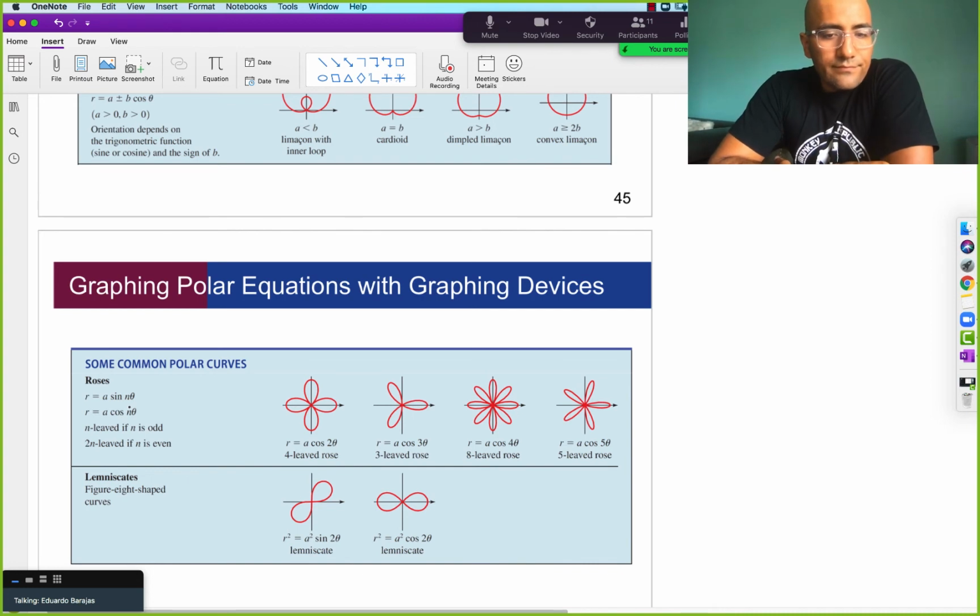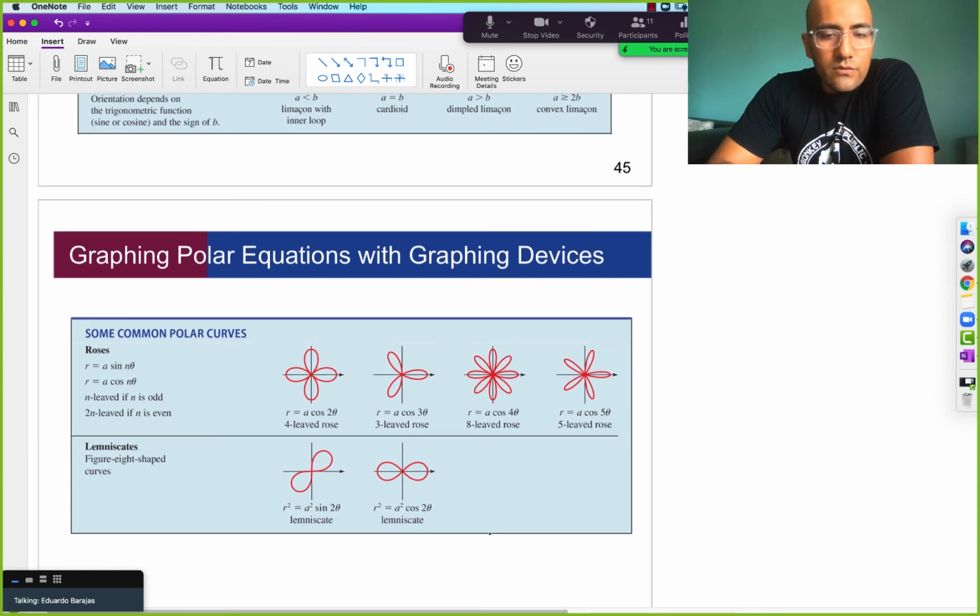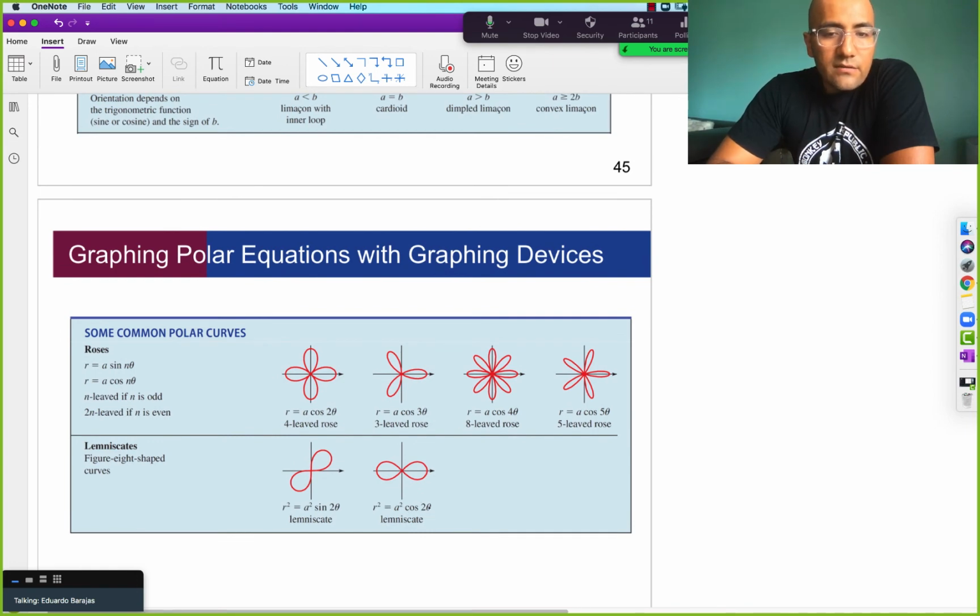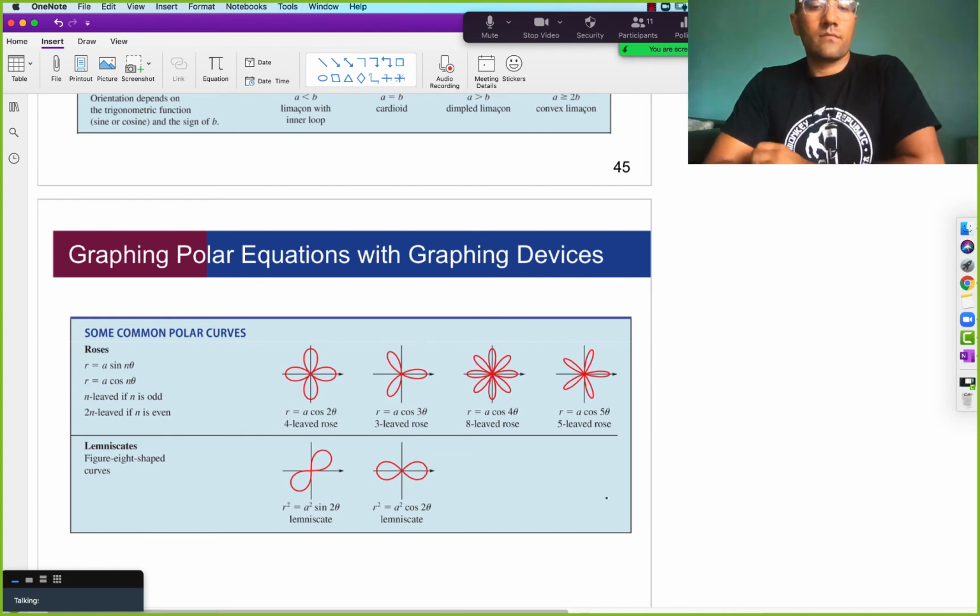Good. And finally we get, again, I don't know how to pronounce this, lemniscates. They are figure 8 shaped curves, kind of little infinity symbols. So r squared equals a squared times cosine 2 theta. Good.